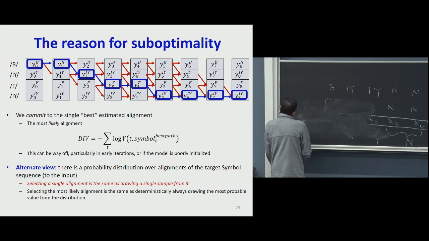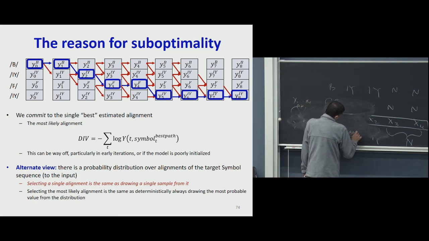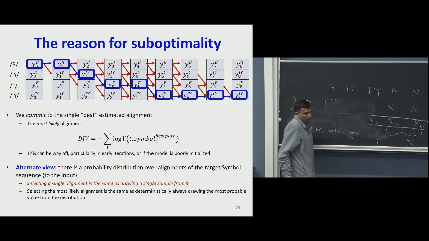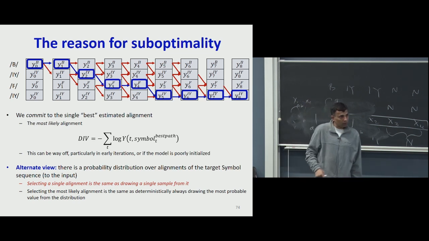So I have x1 through x4, and I'm looking for the symbol sequence AB. Then the possibilities are ABBB, AABB, AAAB. I have these 3 possibilities here, and each of these has its own probability, right? And what we are really doing is picking the most likely.